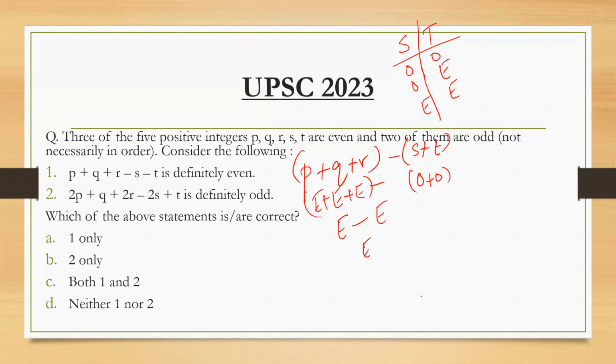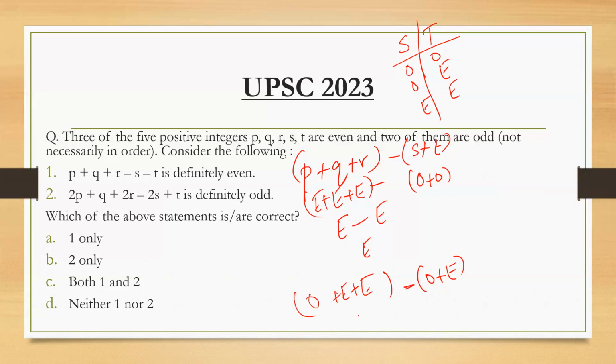Take the second one, where we are assuming one of them is odd, one of them is even. That means what will be the nature of P, Q, and R? How many odd will be here? How many even? Here you will have three even, right? Yes, exactly. Three even will be there. So already one even is here, two even are here, and one is odd.